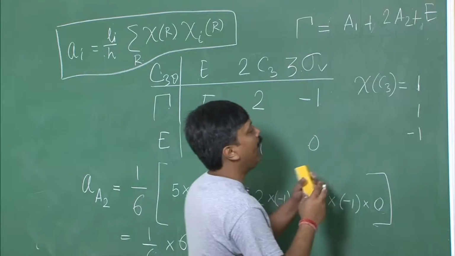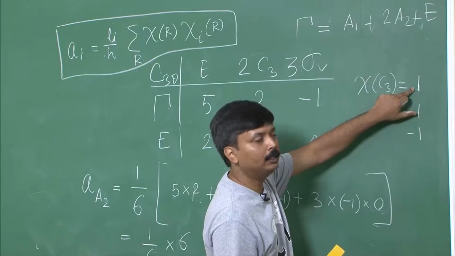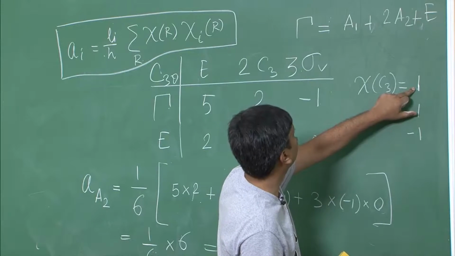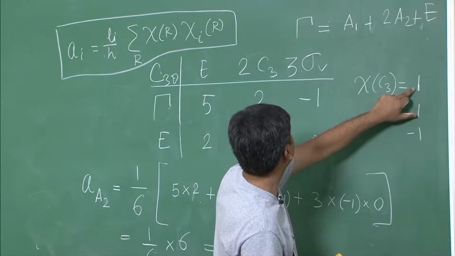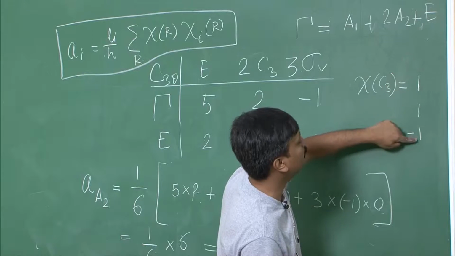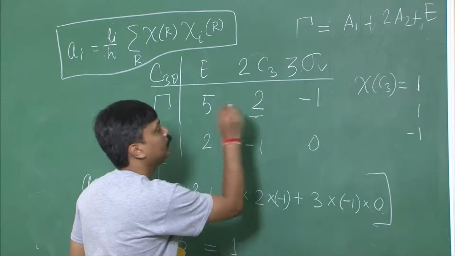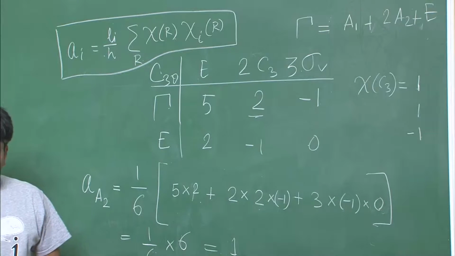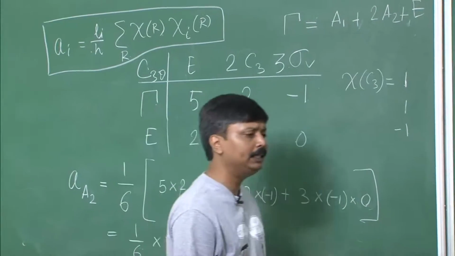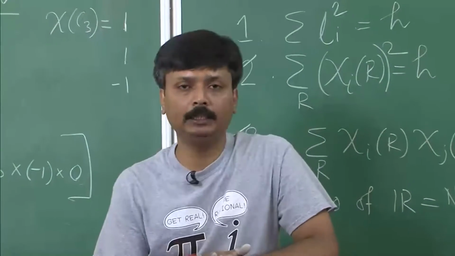So if I add this, that is 1 plus 2 into 1, that is 3, and then E gives me minus 1. So 3 minus 1 is 2, and if I check here, yes. So this is verified. So in this way you can reduce any representation that you can form and find out what irreducible representations are present here.